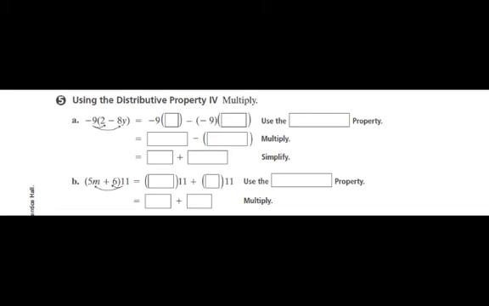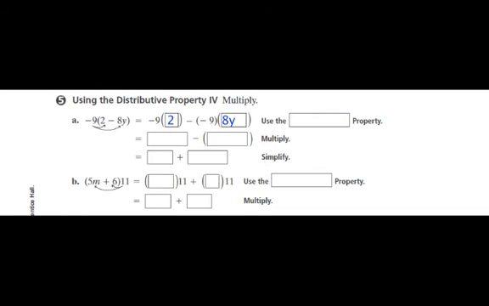Let's begin with number 5a. We're going to distribute the negative 9 to the 2 and to the 8y. So we'll have negative 9 times 2 minus negative 9 times 8y. Next, we'll actually multiply.